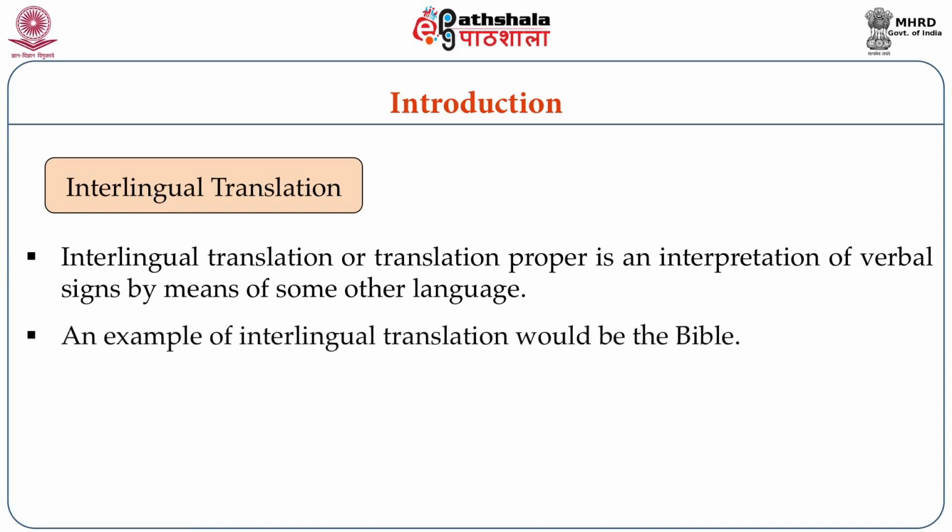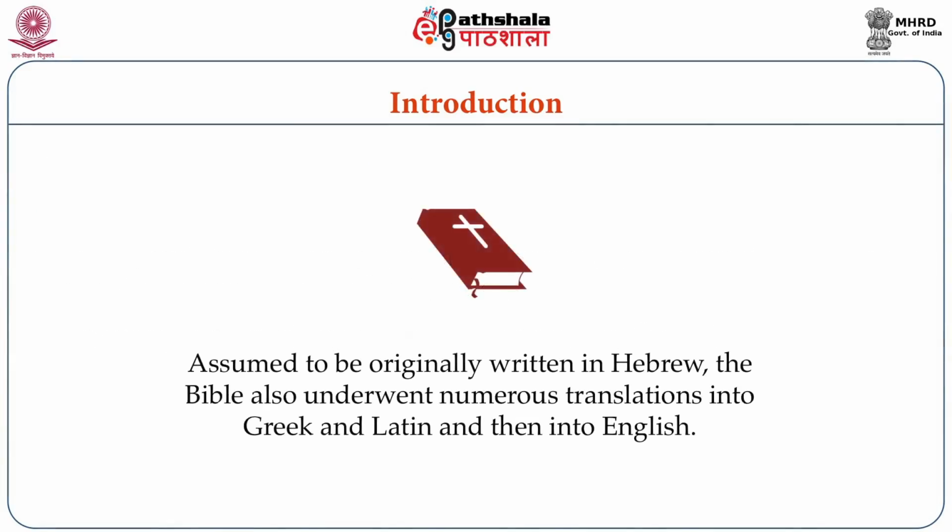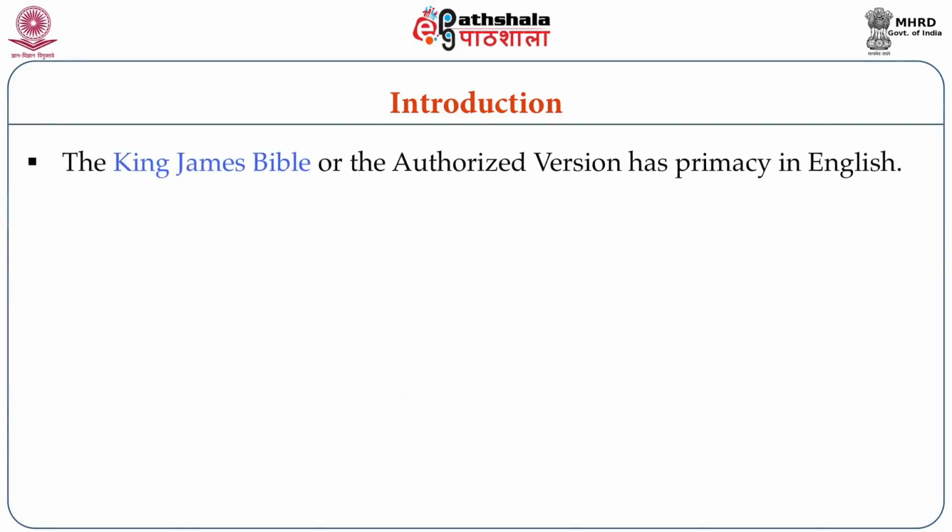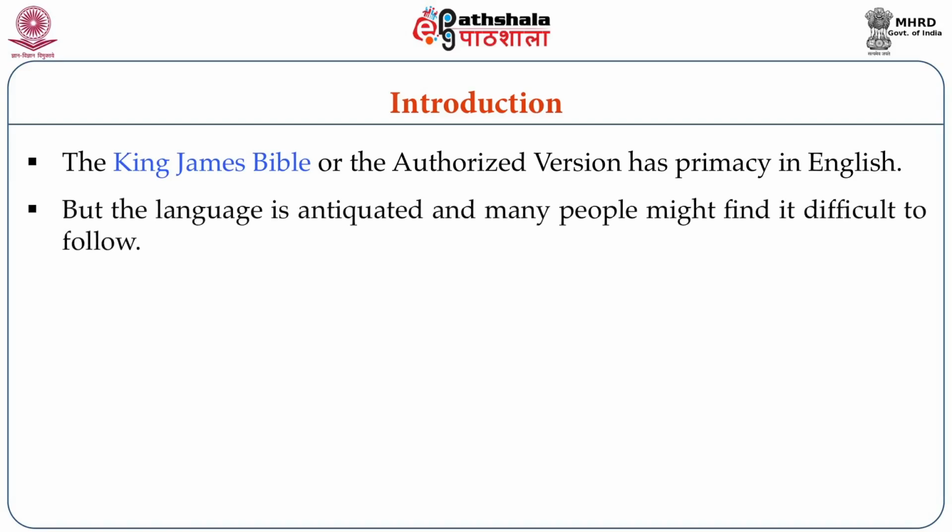An example of interlingual translation would be the Bible. Assumed to be originally written in Hebrew, the Bible also underwent numerous translations into Greek and Latin and then into English. The King James Bible, or the Authorized Version, has primacy in English, but the language is antiquated and many people might find it difficult to follow.